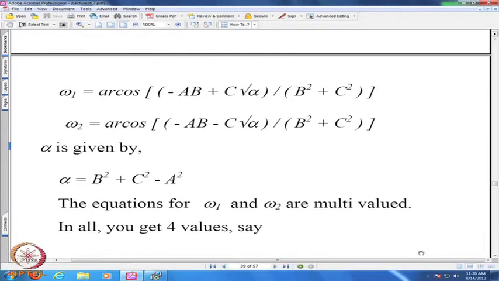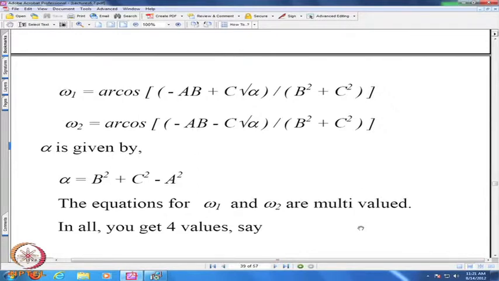Now, these are multi-valued because any cos inverse will give me plus minus principal value at least, and so two values for omega 1 and two values for omega 2. Earlier we had two values for omega s or omega s double dashed as cosine inverse of tan phi minus beta tan delta or cosine inverse of tan phi tan delta, and according to our notation we identified the negative one as the sunrise and the positive one as the sunset.